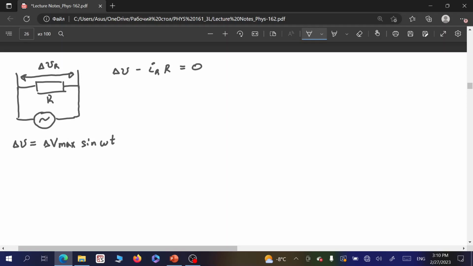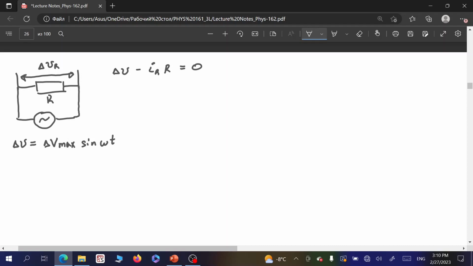So the sum of all potential differences over a closed electric circuit should be equal to 0. In this case, we are operating with instantaneous values for voltage and current. So that's why we have this small i, which highlights that this is an instantaneous current at a given moment of time.